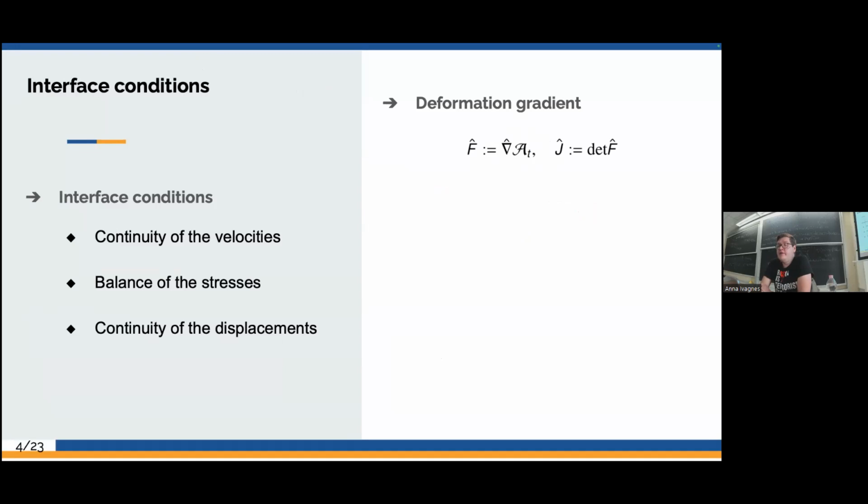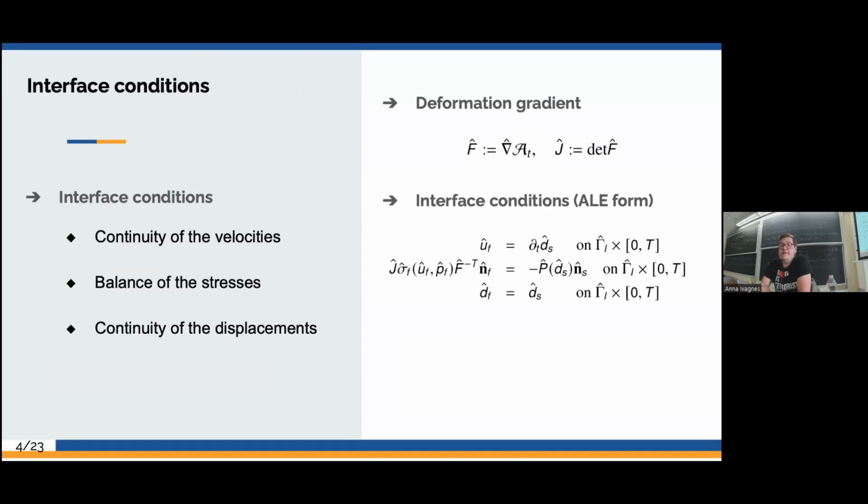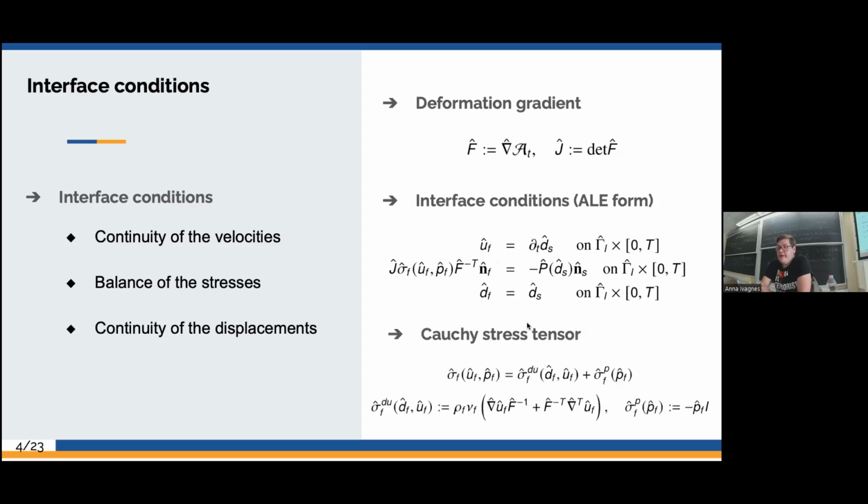With this, we can write the interface conditions in the following form, where here we have the continuity of the velocities on the interface. Here we have the balance of stresses, and here we have the continuity of the displacement. And then we have the representation of the Cauchy tensor in the reference configuration.